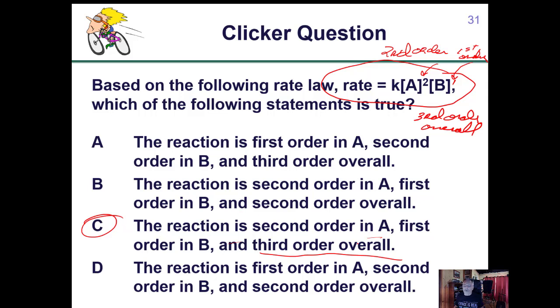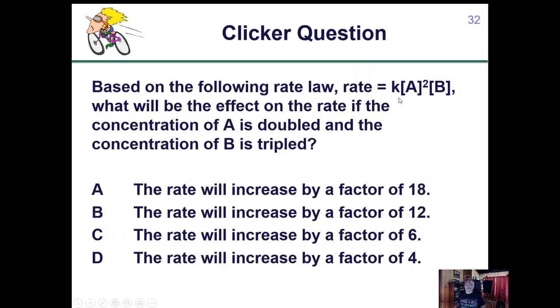And the overall order of the reaction is going to determine the units on the rate constant. So first of all, let's take a look at this particular rate law, which is the rate law that we just examined, second order in A, first order in B, third order overall.